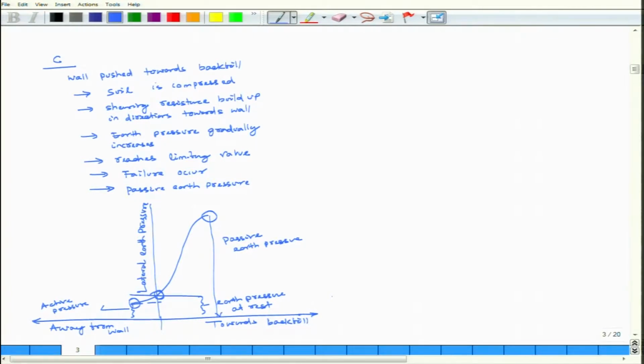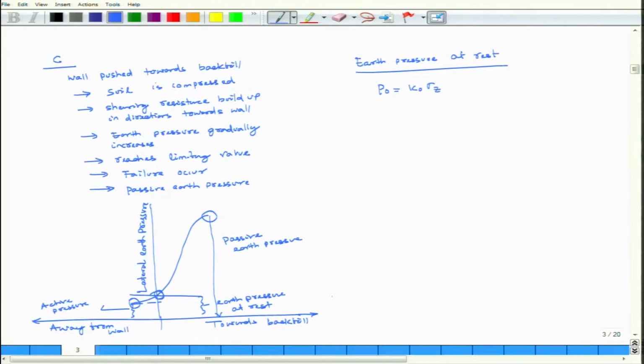Now, the next part is earth pressure at rest. If you put it at rest conditions, P0 is equal to K0 sigma z.